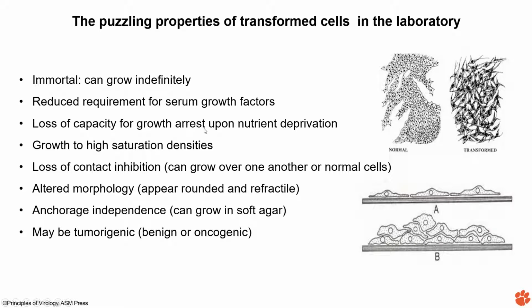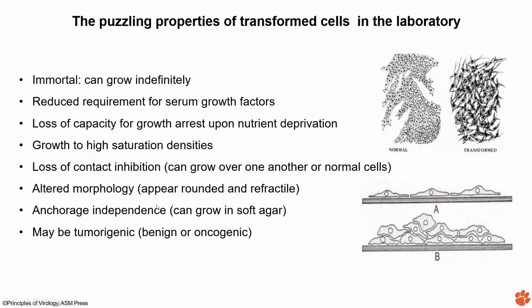Loss of capacity to growth arrest upon nutrient deprivation: even in very low nutrient, they can grow. Growth with high saturation density and loss of contact inhibition: most cells growing on a Petri plate stop growing when they touch each other, whereas these can pile up on each other.